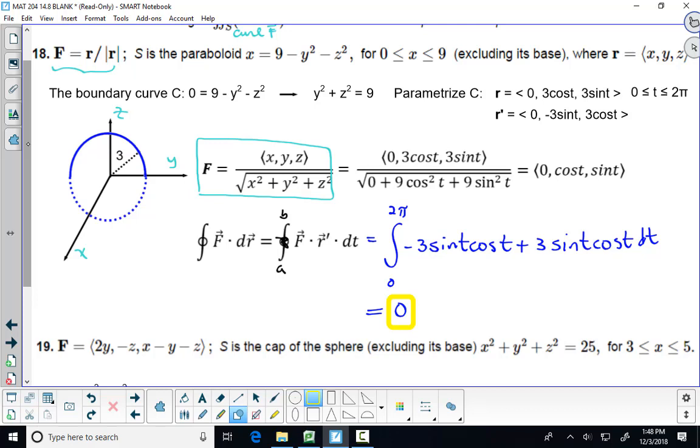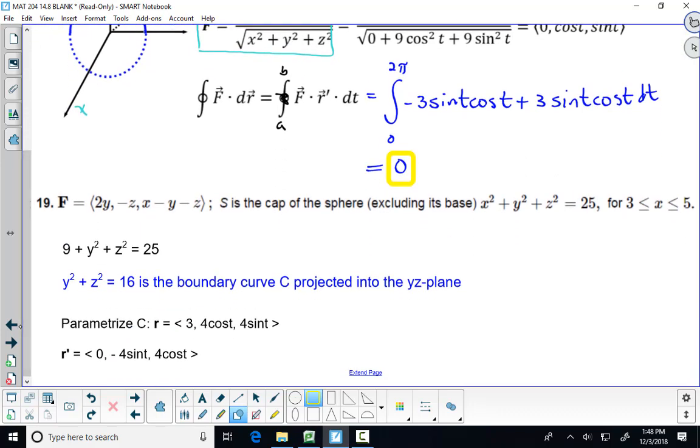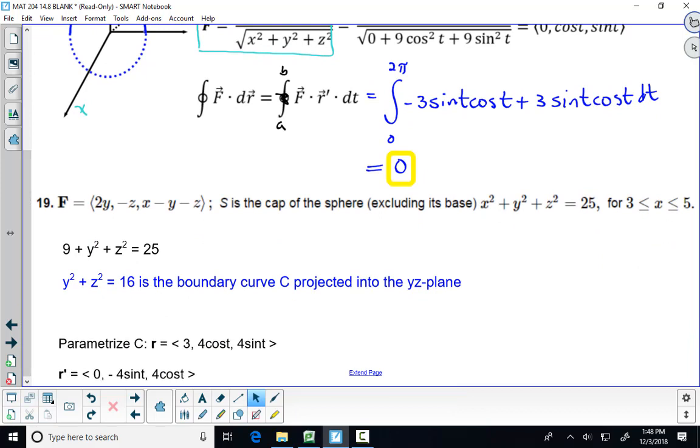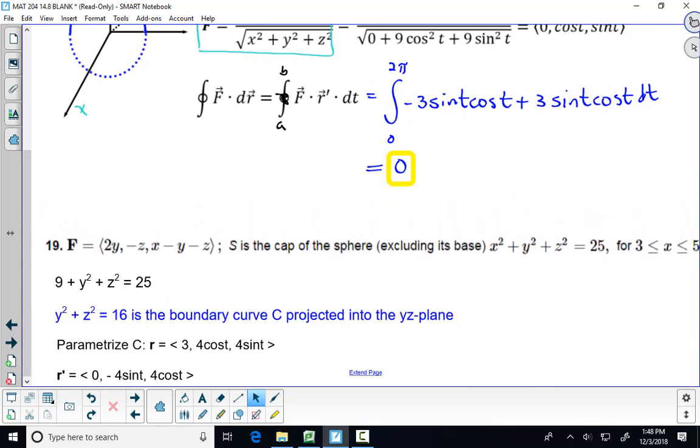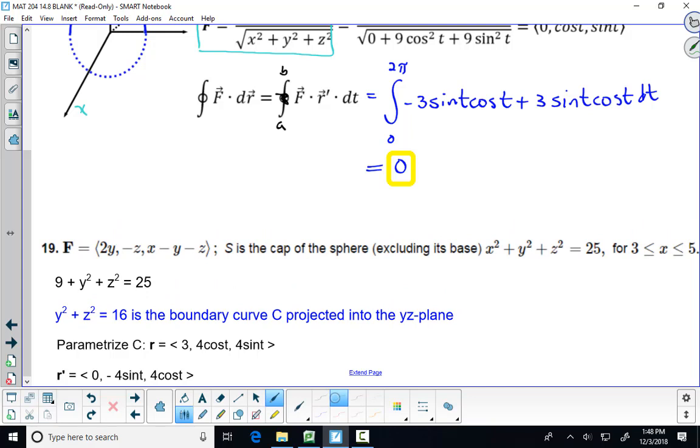Just do the regular. Let's at least write the parameterization of the paraboloid down, because parameterizing is such an important skill. That's always the hardest part. So the paraboloid: x equals 9 minus r squared.